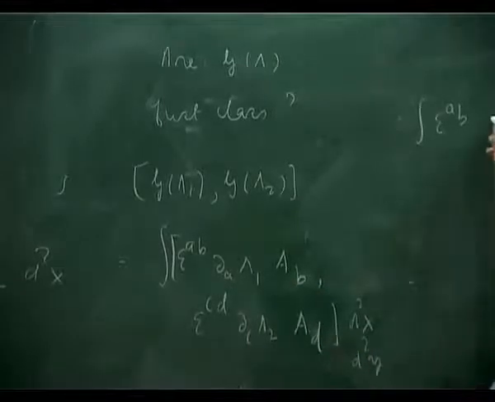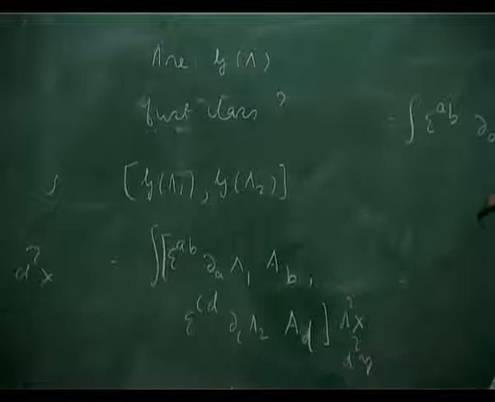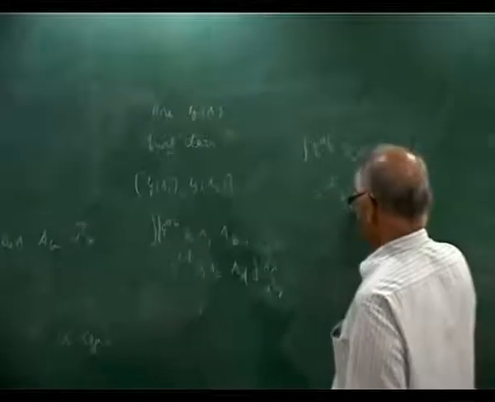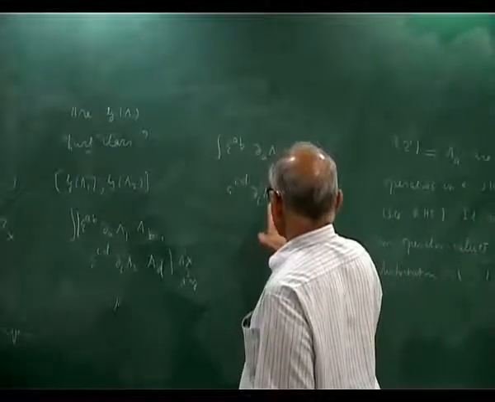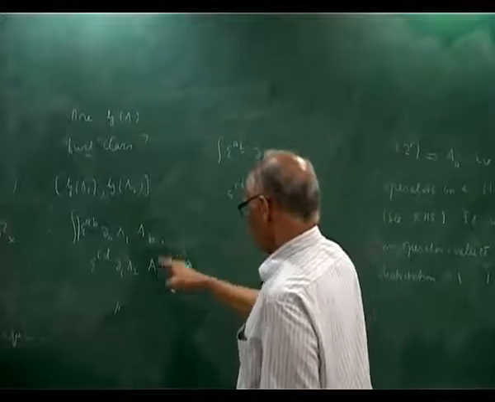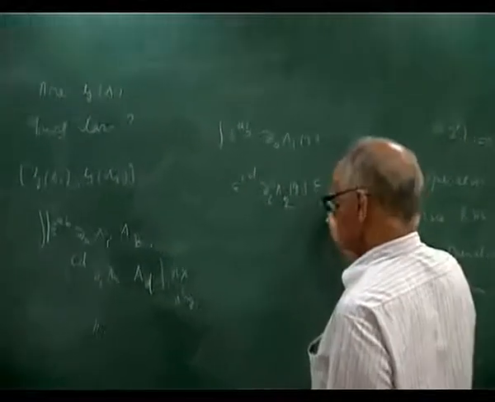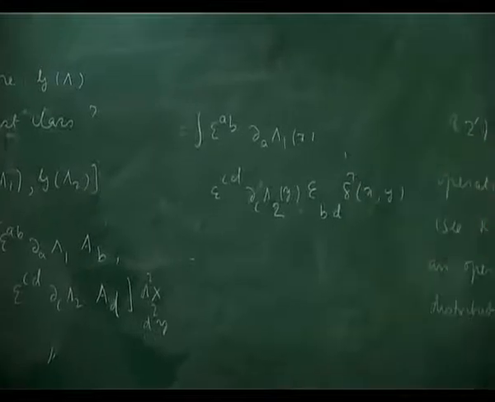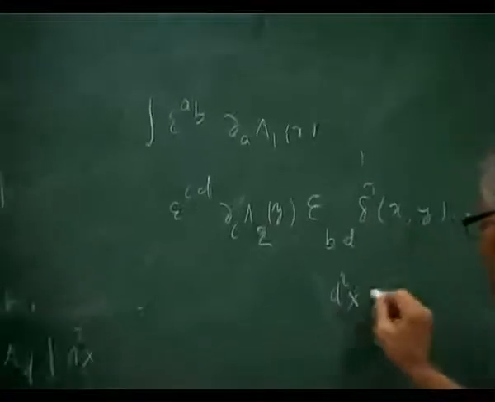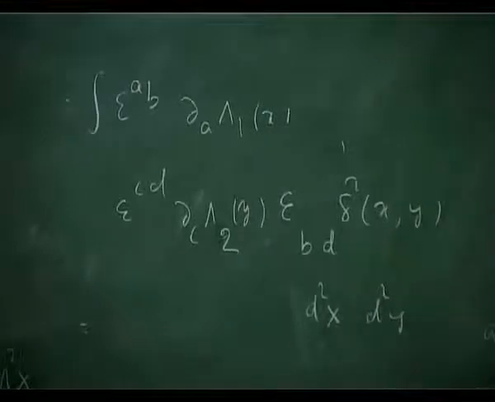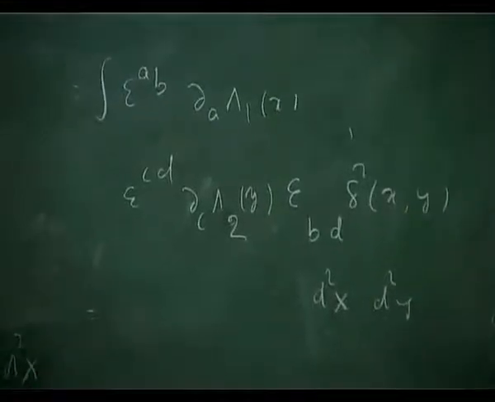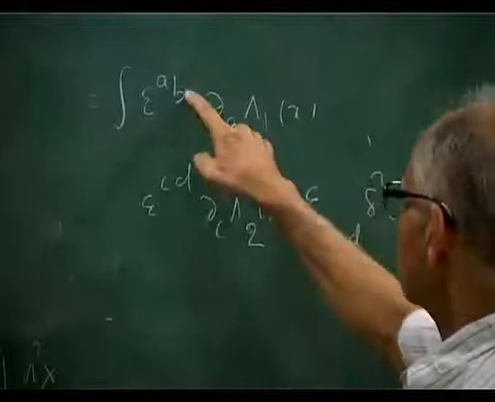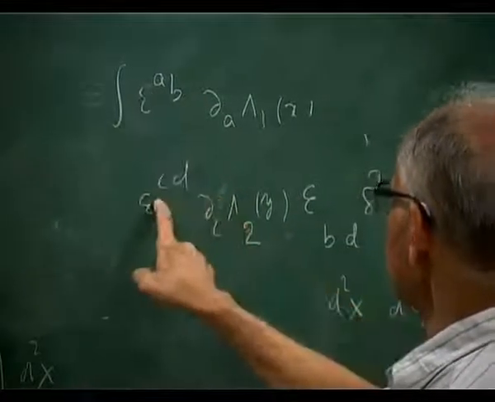So it is epsilon AB, dA of lambda 1 of x, epsilon CD, dC lambda 2 of y, then between these epsilon BD delta 2 xy, and d2x d2y, so delta AC.